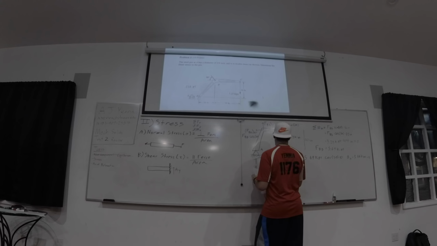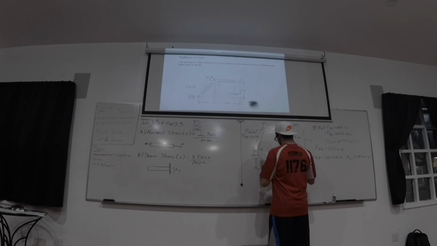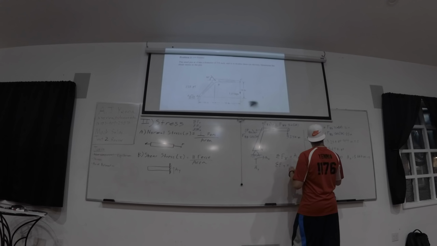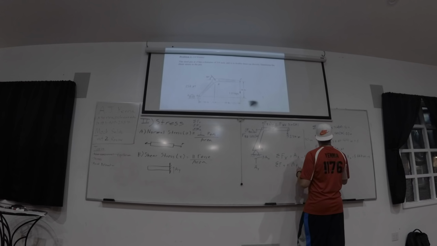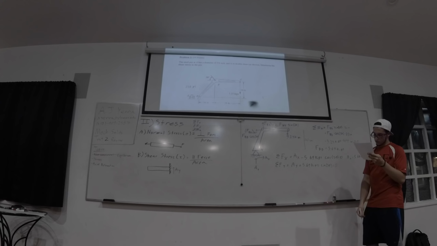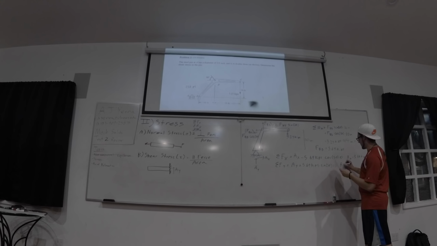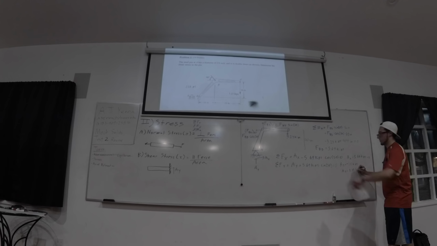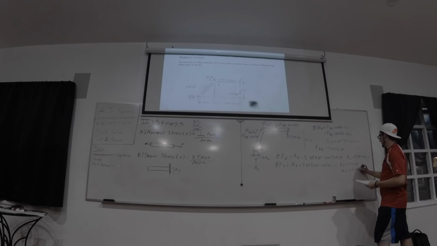And summation Fy is Ay plus 5.69 kips times sine of 50 this time, which gives you Ay equals negative 1.11 kips, which is the same thing as 1.11 kips in the downward direction because I assumed it up when I solved my problem.